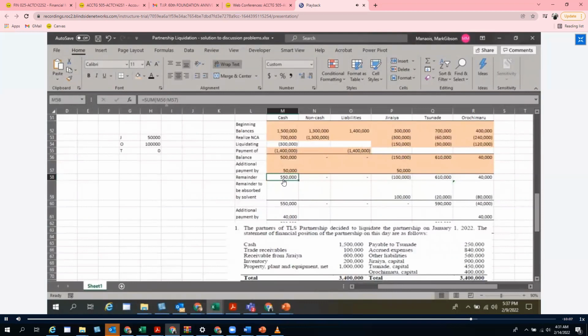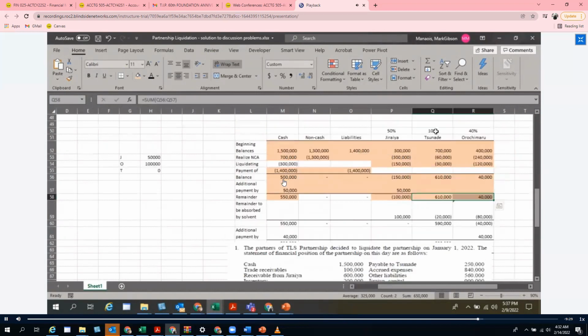Okay, so that's 550,000 pesos cash, minus 100,000 pesos for Jairaya. We have Tsunade of 610,000 pesos, and then 40,000 pesos for Orochimaru. Now, si Jairaya still has a debit balance of 100,000, and yet hindi na siya kaya magbayad. He is no longer solvent. So what we're going to do is we allocate that 100,000 among Tsunade and Orochimaru, kasi napansin mo, parehas pa silang merong balances.